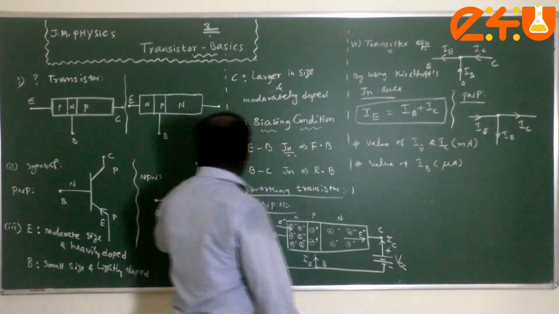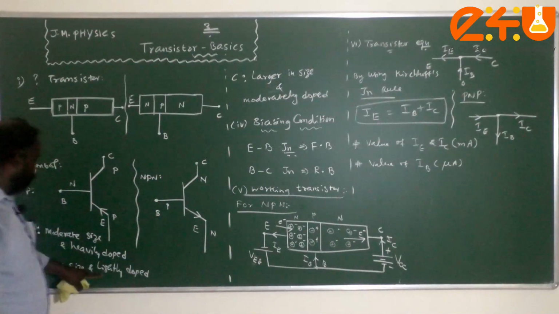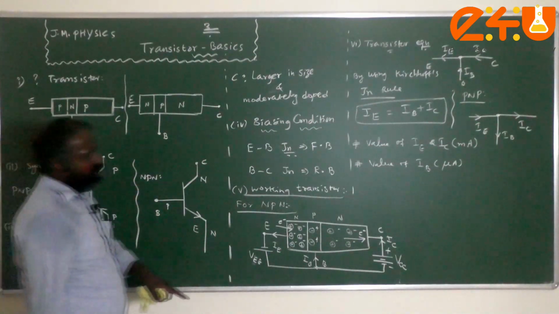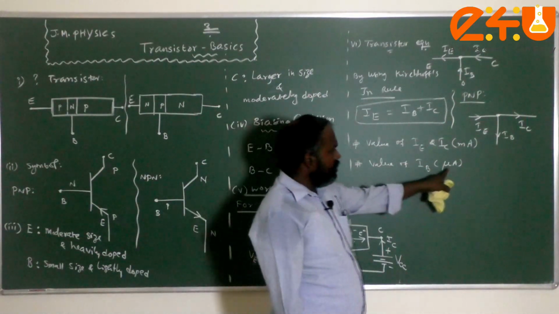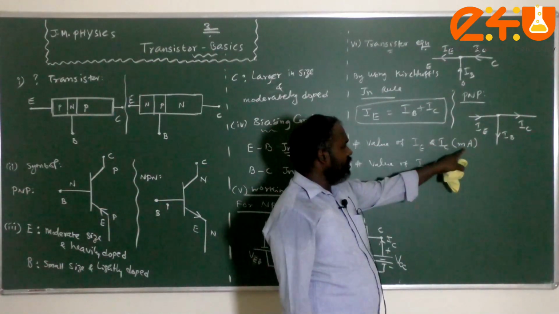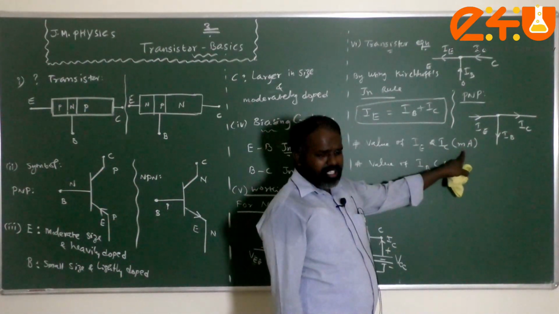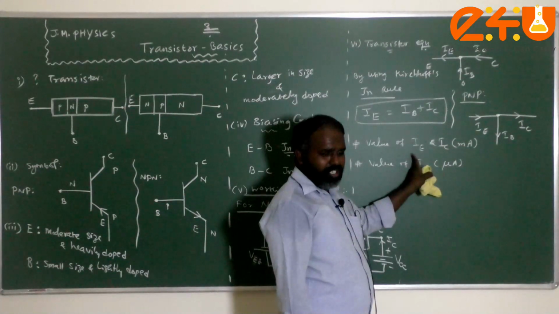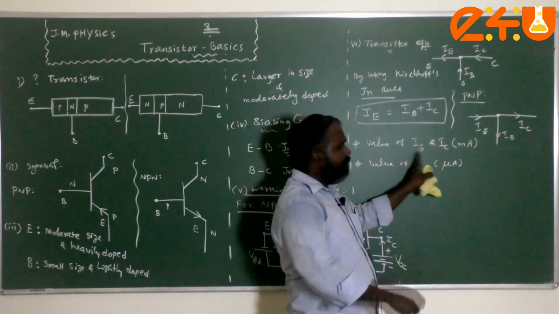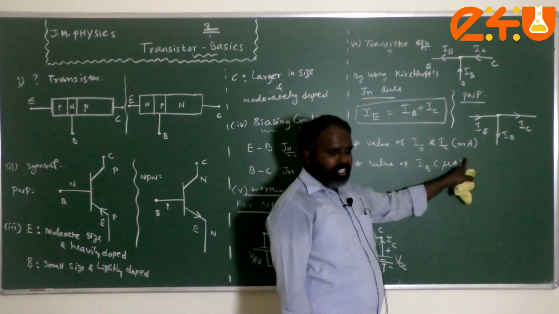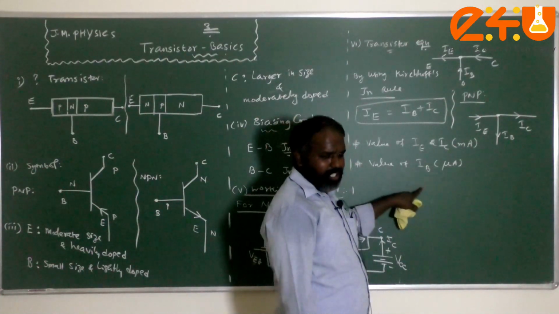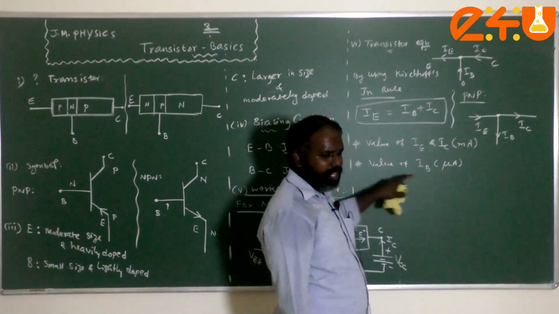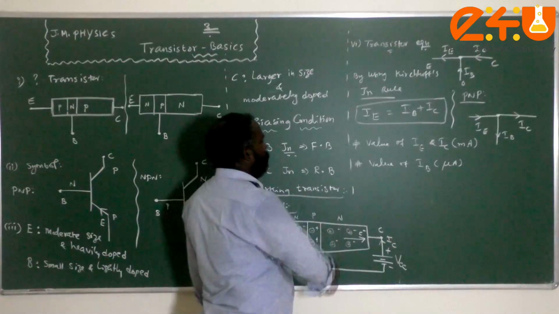As we said, the base layer is very thin and lightly doped, therefore the current in the base region will be very small compared to the emitter and collector regions, because most of the emitter charges reach the collector region. So the emitter and collector currents are of the same order compared to the base current. So this is the point we discussed.